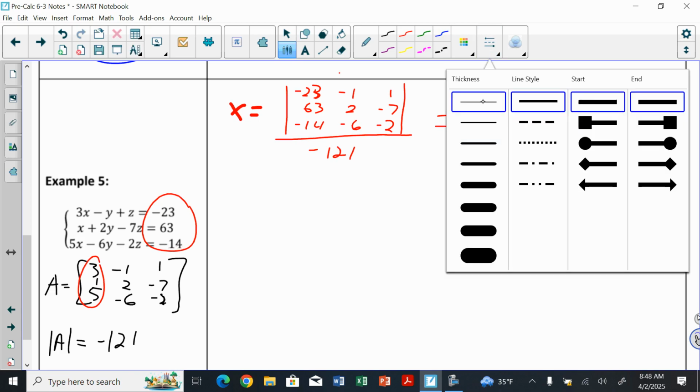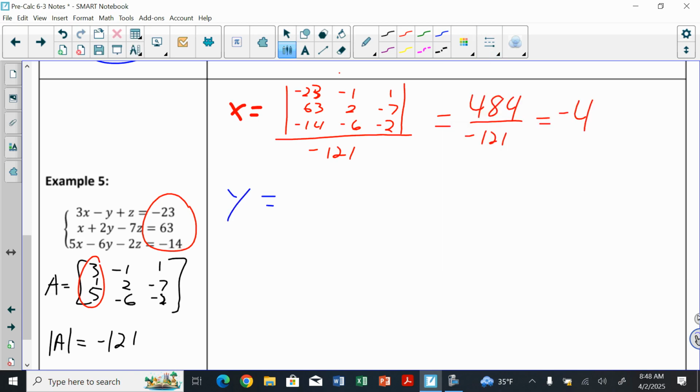Okay, Y value. Just to show you again, what am I doing? I'm going to take these numbers to the right of the equal sign and replace them in the middle column. The other columns stay the same as the coefficient matrix. So 3, 1, 5. Now I replace the middle column, and the right column is 1, negative 7, negative 2.